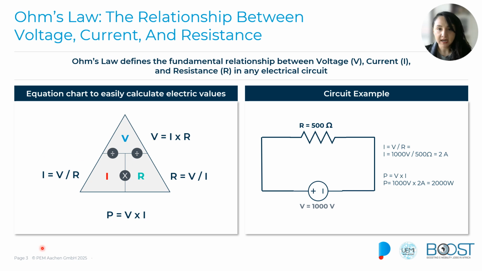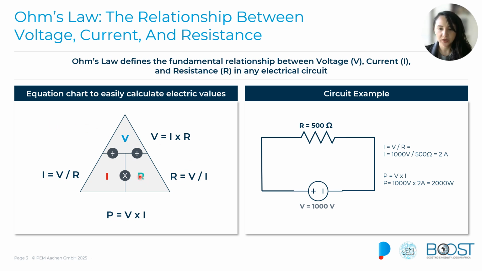So let's explain how we can use this pyramid. For instance, if we have a circuit and we already know the voltage and the current, and we want to calculate the equivalent resistance of that system, what we do is cover the variable that we want to solve.